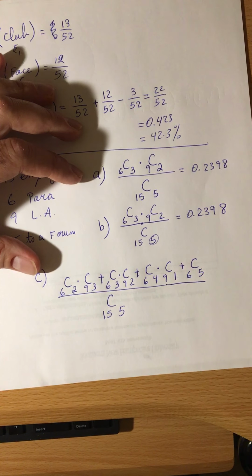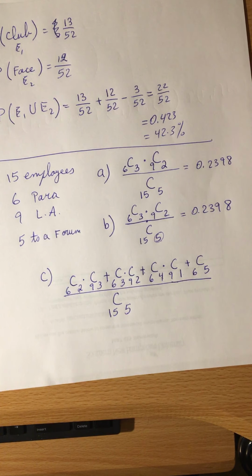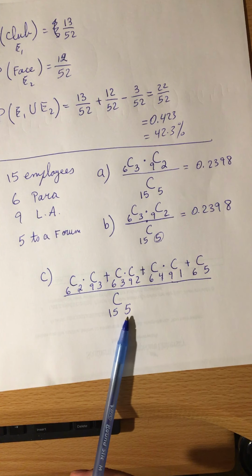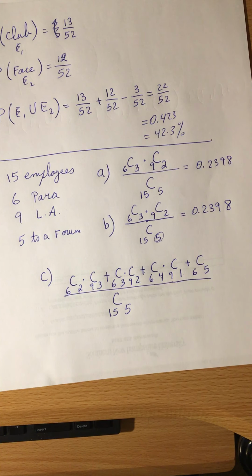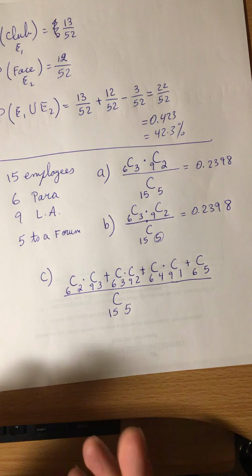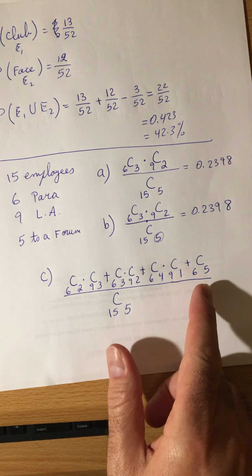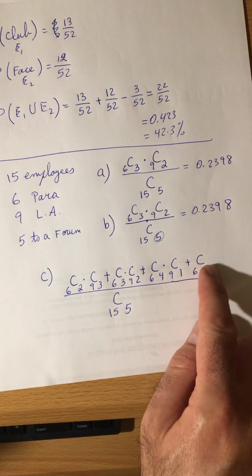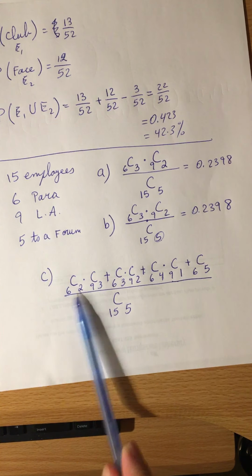So if I'm sending 5 paralegals, can I send any legal assistants? No. I stop right there, because I can only send 5 employees. So once I make all 5 employees paralegals, there is no more room for legal assistants. That's why this is by itself. So at least 2 paralegals.